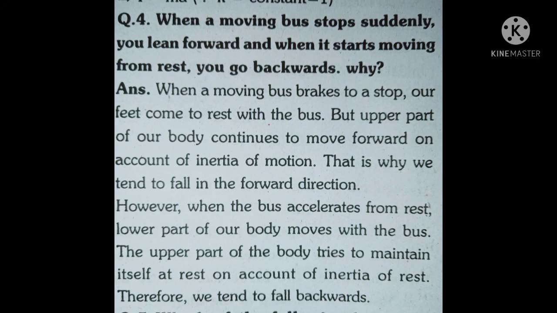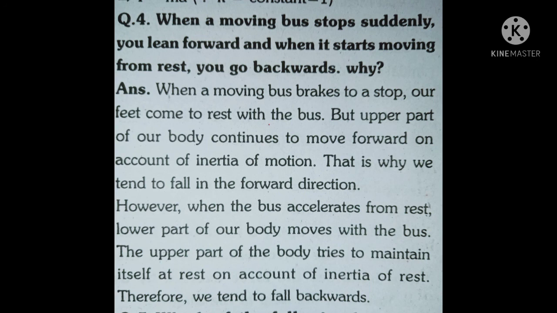That is why we tend to fall in the forward direction. However, when the bus accelerates from rest, the lower part of our body moves with the bus. The upper part of the body tries to maintain itself at rest on account of inertia of rest. Therefore, we tend to fall backwards.